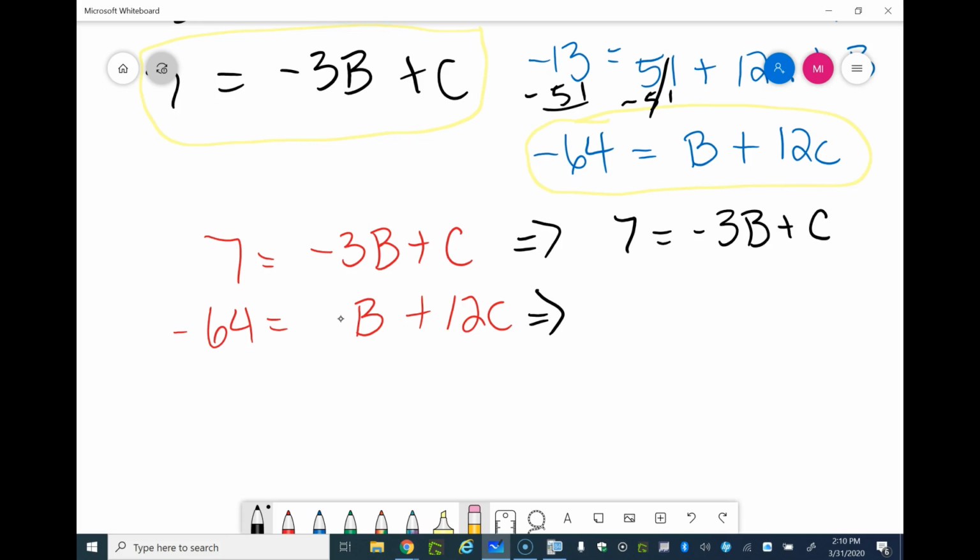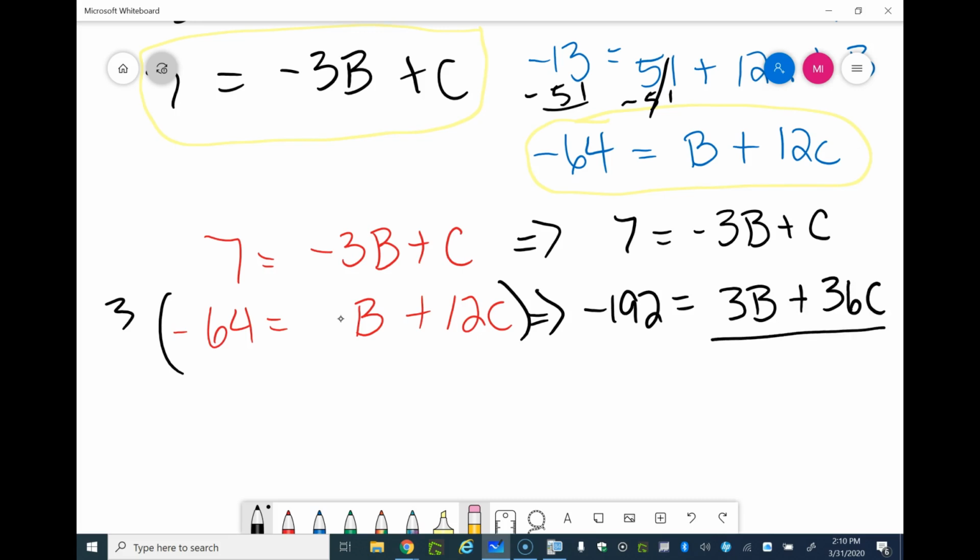However, this one here, if I multiply this whole thing by 3, I'm going to get negative 192, 3B plus 36C. So when we add them together, they cancel. So what it leaves me with is when I add 7 plus negative 192, I'm going to get negative 185 is equal to 37C.